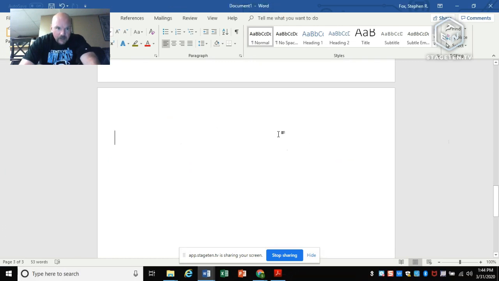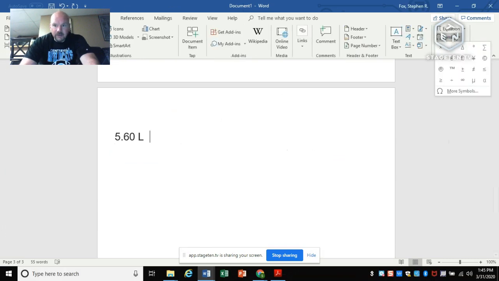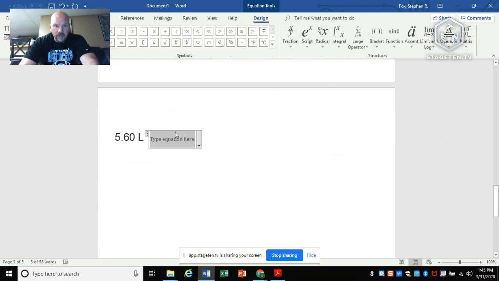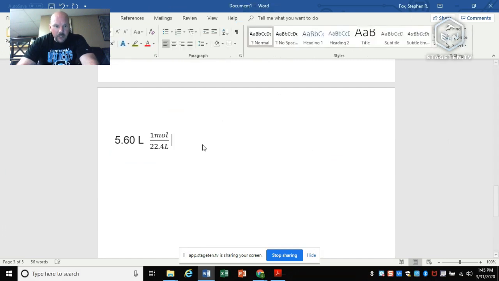If you went through all the steps, you would take what you're given, 5.6 liters, and convert it to moles. It would be 1 mole for every 22.4 liters, and then you would multiply by the mole ratio.